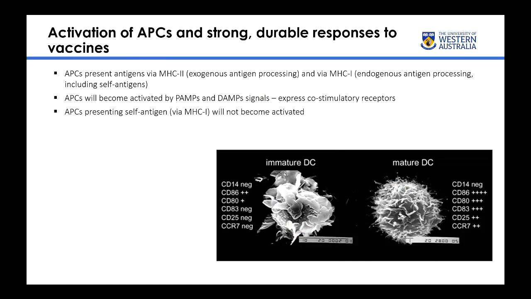If we look at these individual signals and cells being activated, it's important that you remember the basics again. So when we look at activation of APC, it's quite important, both for strong activation and for durability of vaccines. And the reason why I say that is because if you remember, if you vaccinate an individual without an adjuvant, the immune response is going to be suboptimal.